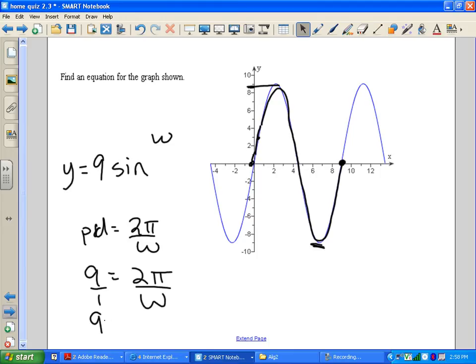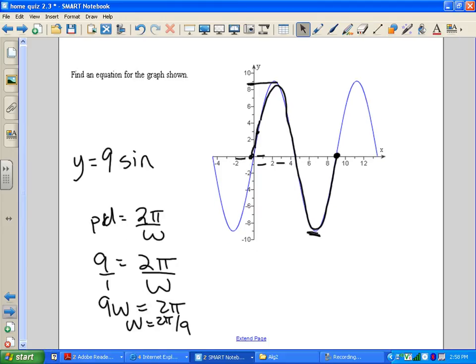We get 9 omega equals 2 pi, and so omega would be 2 pi over 9. Now, if you look at where the center line is, the center line was definitely the y-axis there, and so there was no vertical shift. So this would be just 9 times the sine of 2 pi over 9 x.